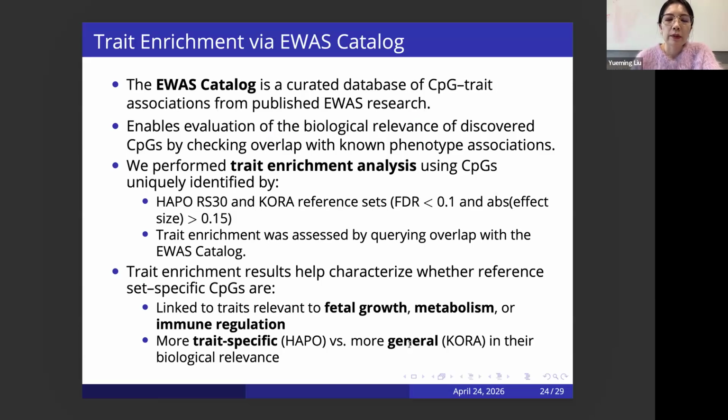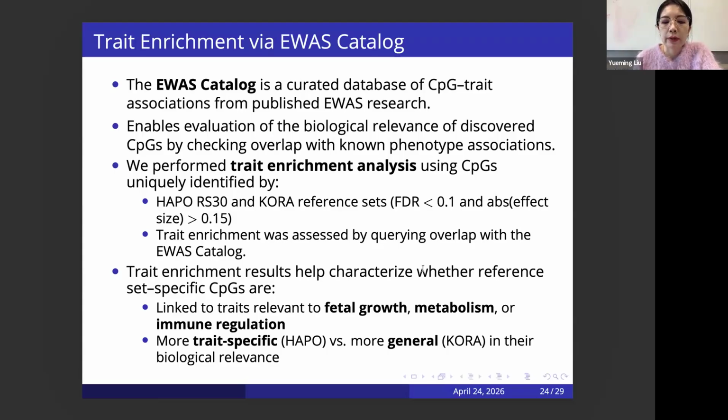The EVAS catalog, so we also do some traits enrichment via the EVAS catalog. It is a database of CpG trait associations from published EVAS research, which enables evaluation of the biological relevance of discovered CpGs by checking overlap with known phenotype associations. We perform trait enrichment analysis using CpGs uniquely identified by HAPO and CORA reference sets.